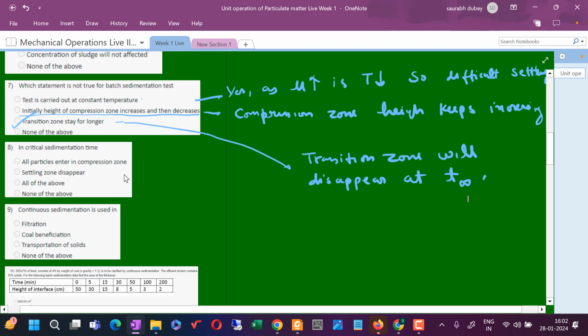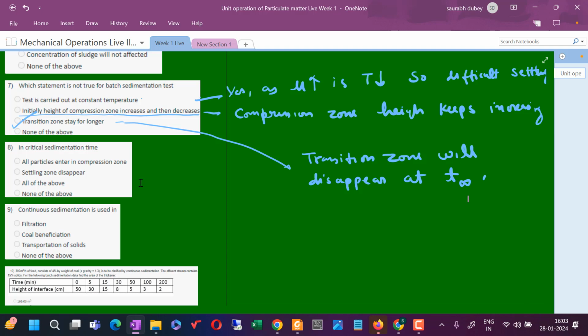The critical time. In lecture three, I think there has been a calculation about the volume of the compression zone, then the critical time calculation for the compression zone, and some main features of the compression zone.